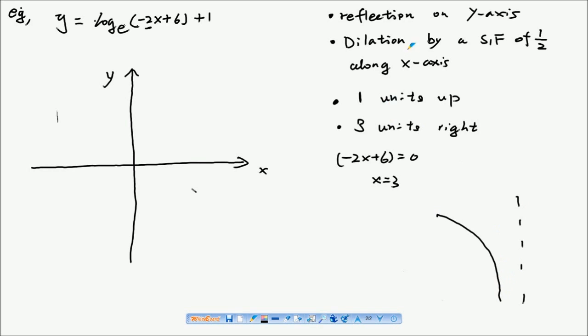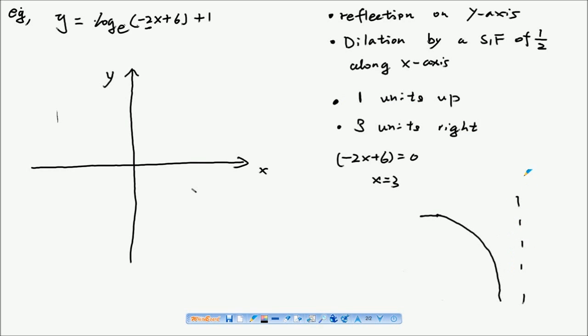The dilation by a scale factor of half means the graph is going to be half in horizontal distance, and again we move 1 unit up, so the whole thing moved 1 unit up.